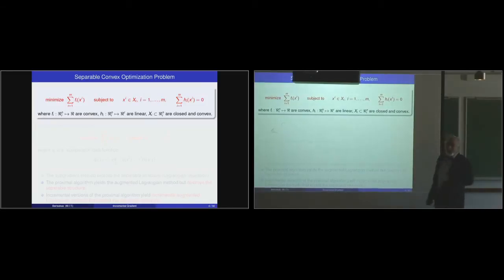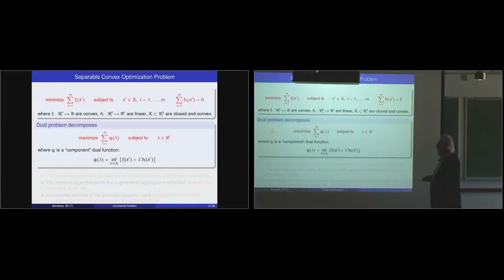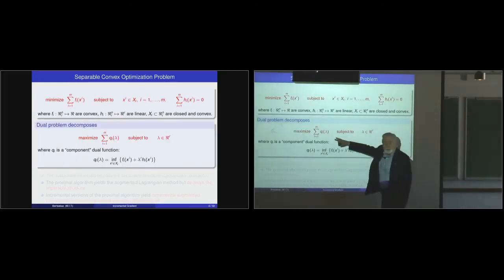Now, the nice thing about this problem is that it's very much amenable to duality and decomposition. In particular, if you take this constraint, assign a Lagrange multiplier to it, a lambda, and add it to the cost function, then the Lagrangian function becomes decomposable, separable with respect to components. And if you form the dual problem by minimizing the Lagrangian, you get a dual problem like this. Minimize the sum of component dual functions.